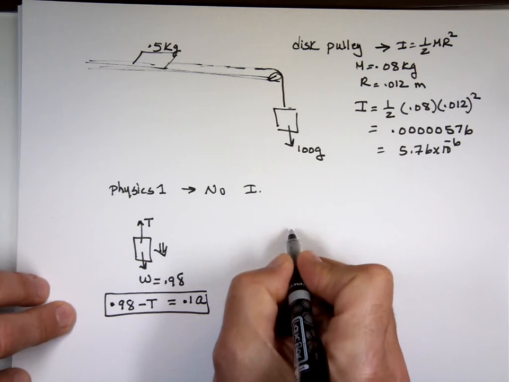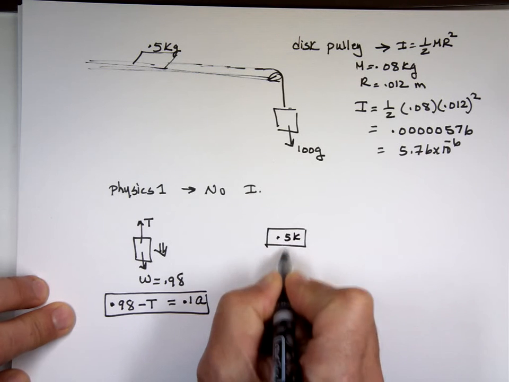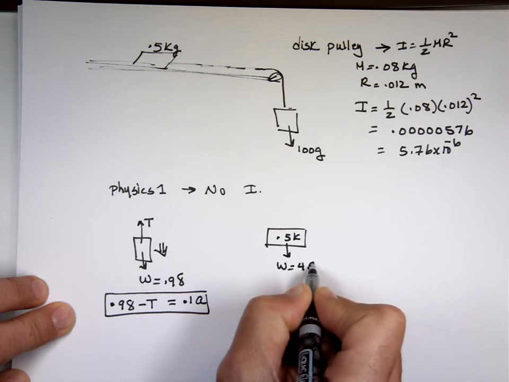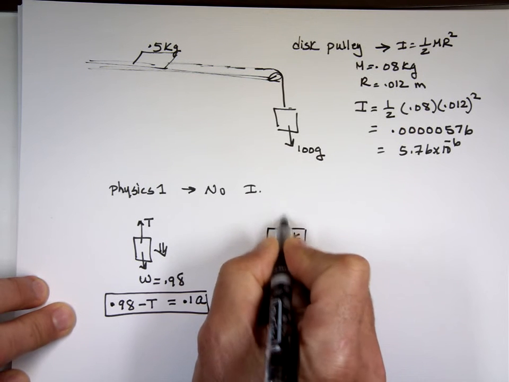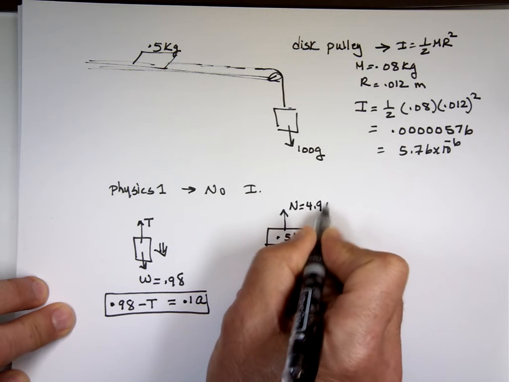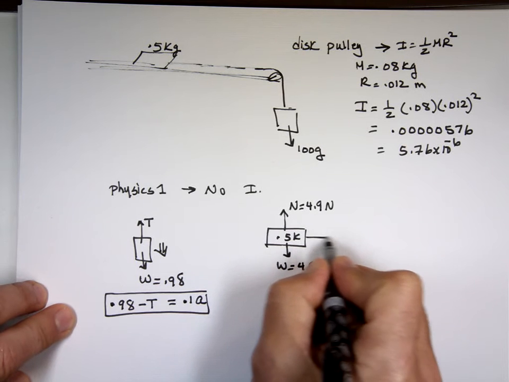The other one, the 0.5 kilogram, has a weight down of 4.9 newtons, and the normal force pushing upward of 4.9 newtons because it stayed on the track and never moved up or down. You get the string pulling in this direction.